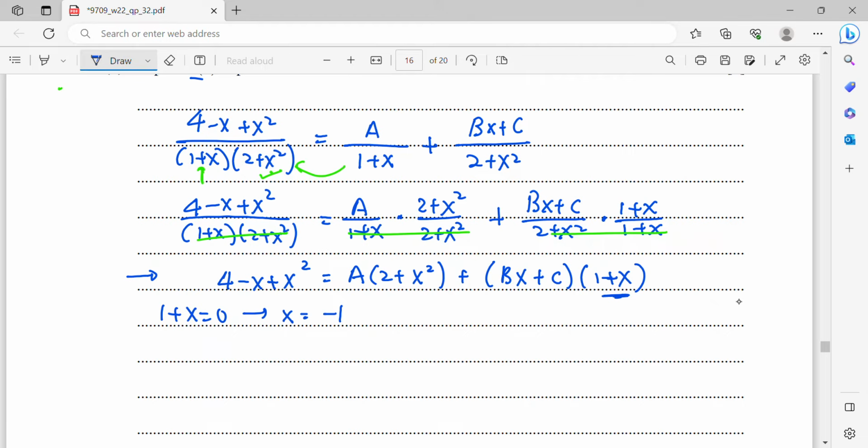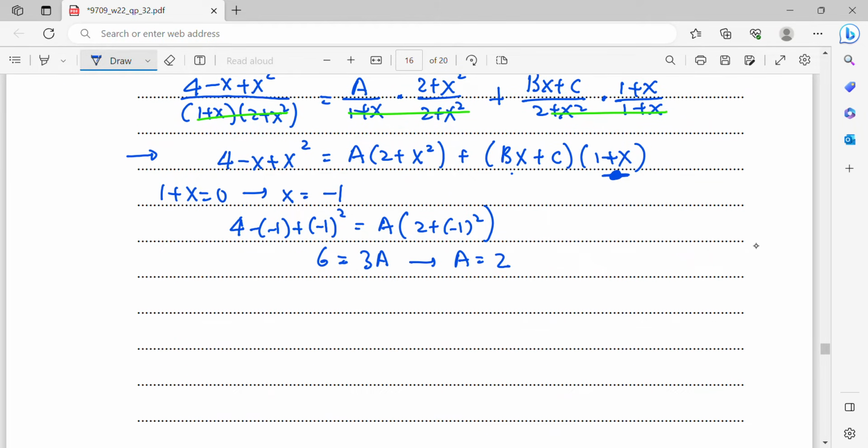So I will get 4 minus 1 plus minus 1 squared equals A bracket 2 plus minus 1 squared. Since I let 1 plus x be 0, the Bx plus C times 0 you can just ignore because it is 0. So now the left hand side you will get 6, right hand side is 3A. That means our A is 2.